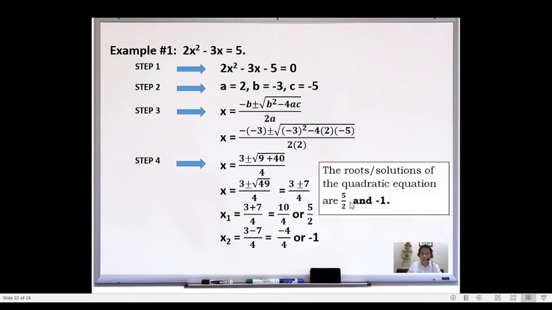Therefore, the roots or solutions of the quadratic equation 2x squared minus 3x is equal to 5 are 5 over 2 and negative 1. So that is the method of quadratic formula.